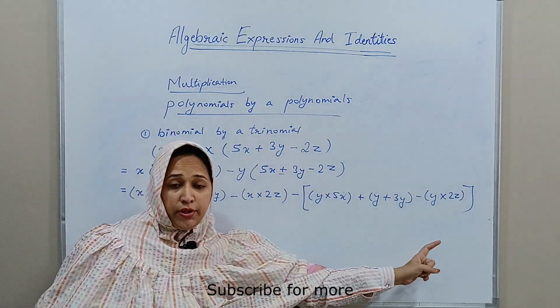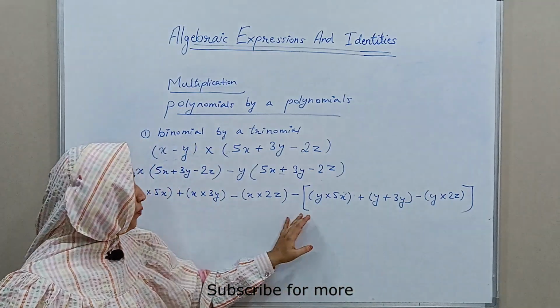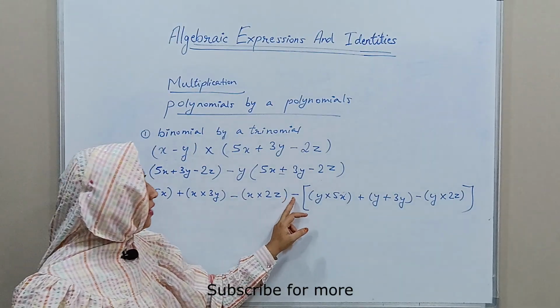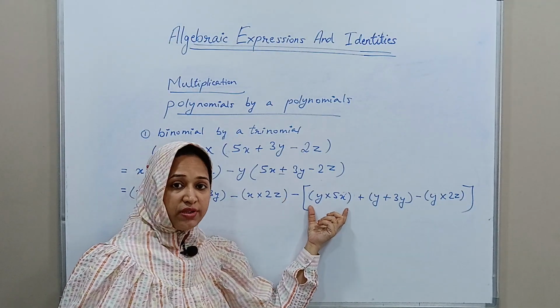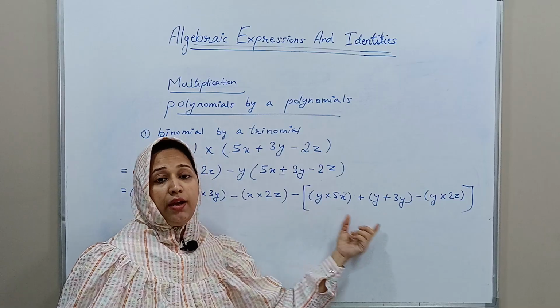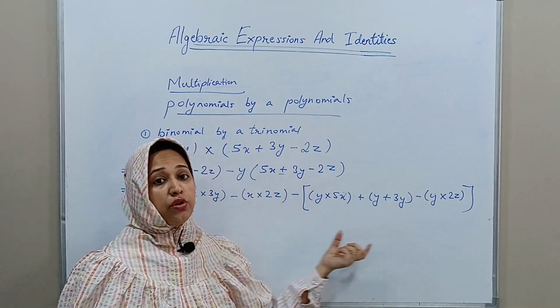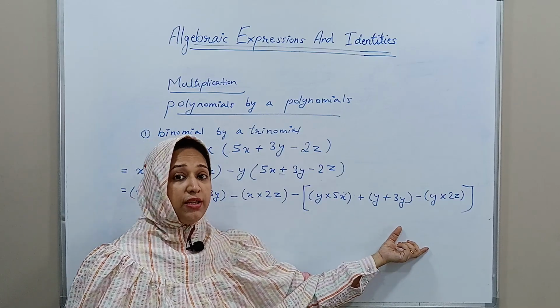This is a very important part. If you forget to put the square bracket, the minus sign will be applied only to the first term, that is y into 5x, and your answer will be incorrect. So do not forget to put the square bracket as well.